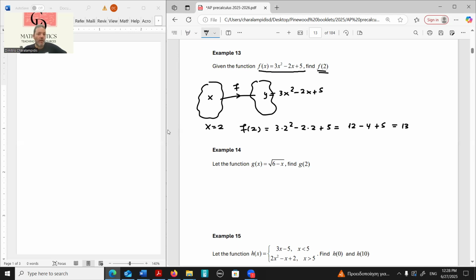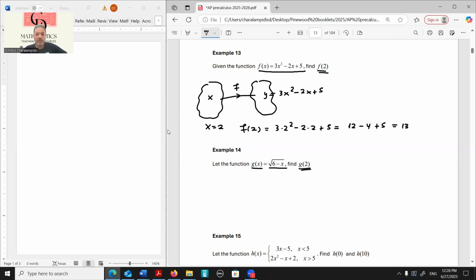Notice that all I actually did was just substitute the input value in this function's formula. Example 14. Let the function g of x be the root of 6 minus x. Now find g of 2. Regardless of how this formula looks, we keep following the same concept.